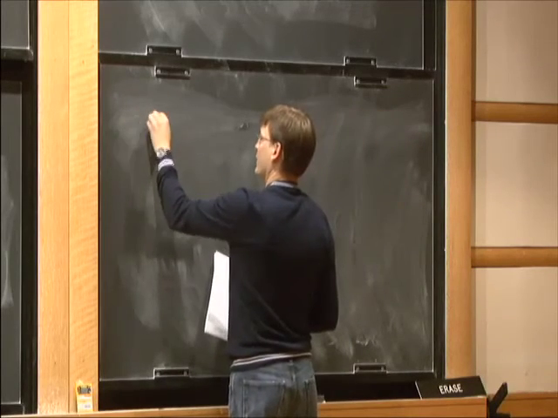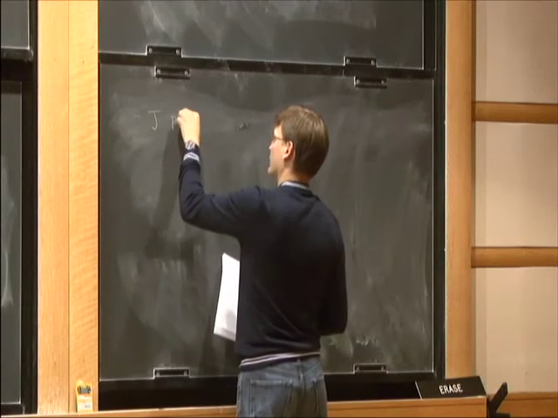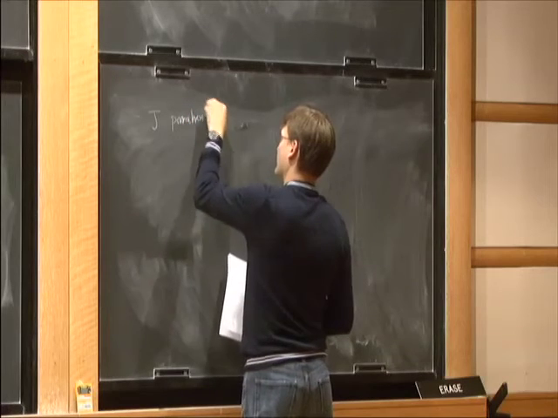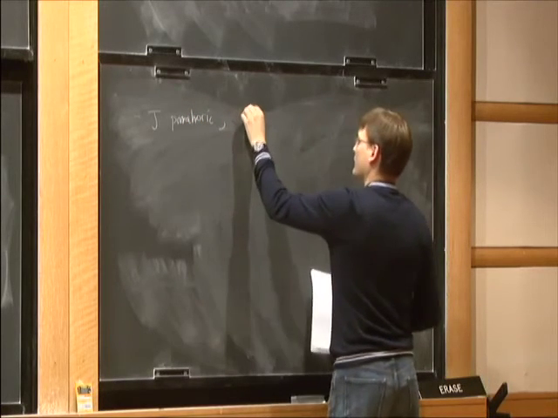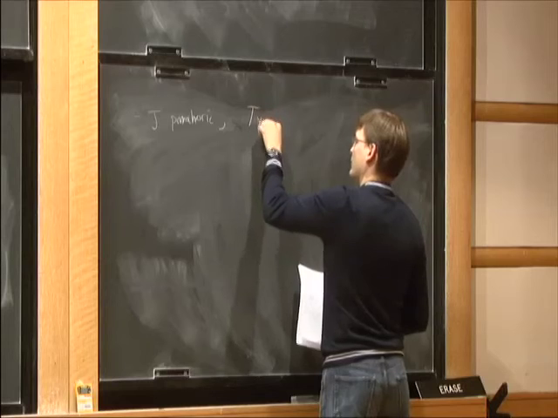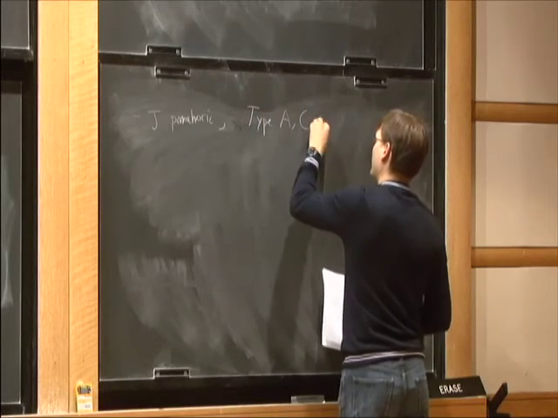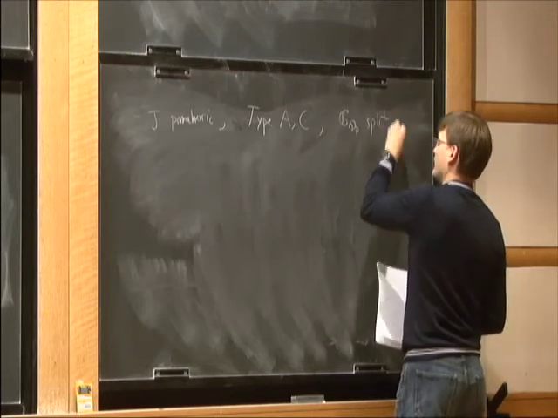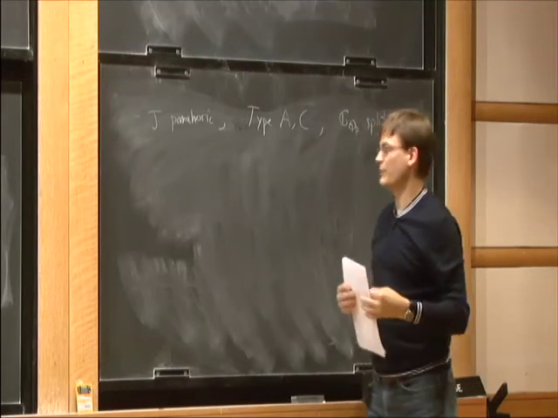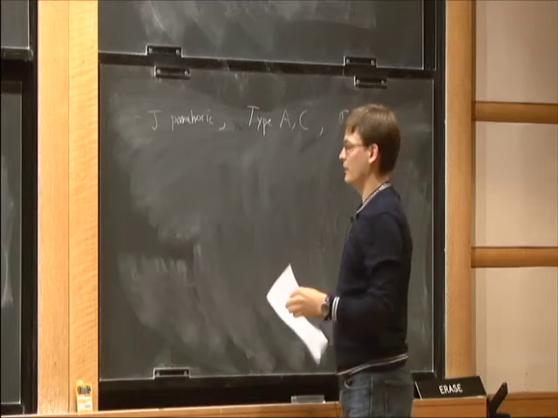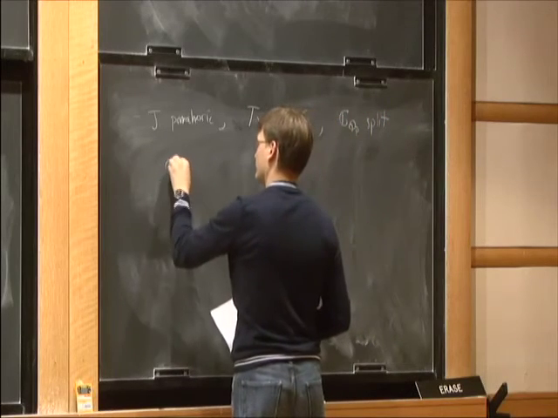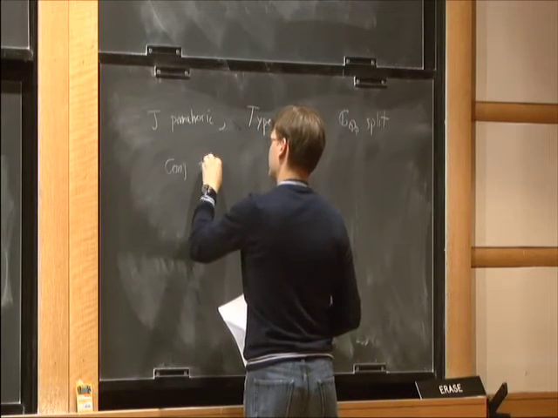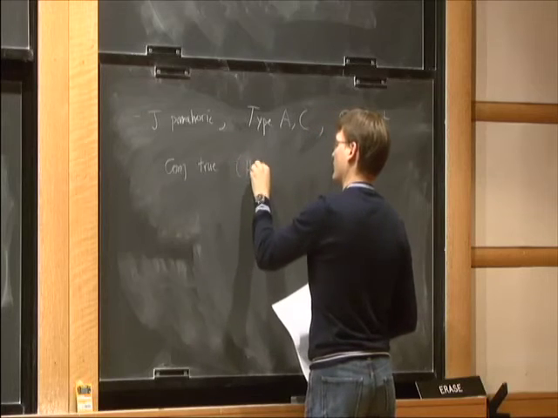So if J is parahoric, and your type is A or C, and G of Qp is split, and the global Shimura variety doesn't have to be compact or anything, then the conjecture is true. And this is joint work with Ngo.